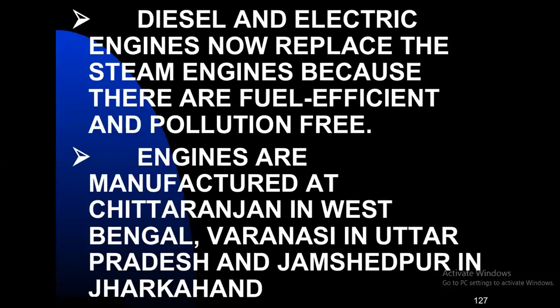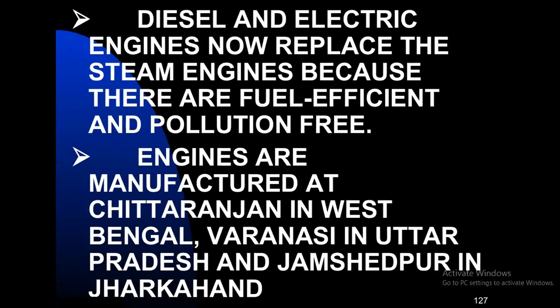Diesel and electric engines now replace the steam engines because they are fuel efficient and pollution free. That means diesel and electric engines are replacing the steam engines now, because steam engines give a lot of pollution.